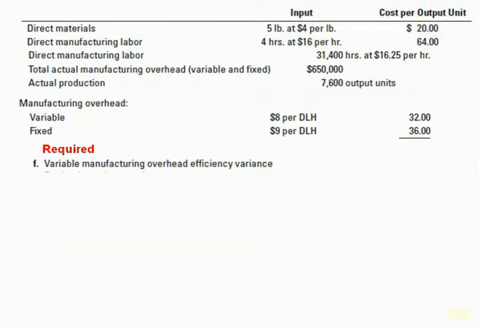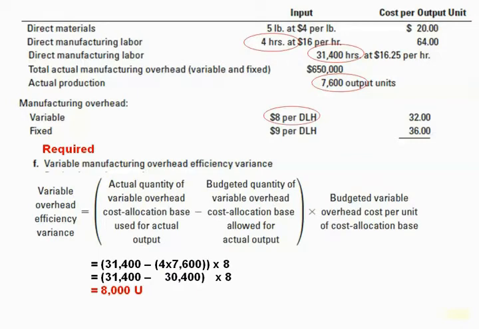Requirement number 6: calculate variable manufacturing overhead efficiency variance. Variable overhead efficiency variance equals actual quantity of variable overhead cost allocation base used for actual output minus budgeted quantity of variable overhead cost allocation base allowed for actual output, all multiplied by budgeted variable overhead cost per unit of cost allocation base.